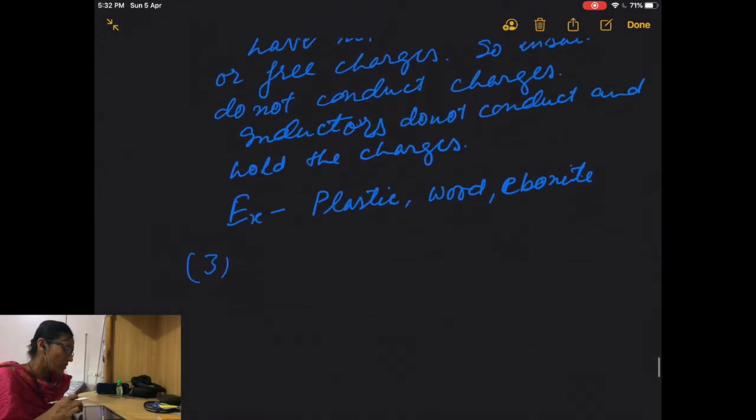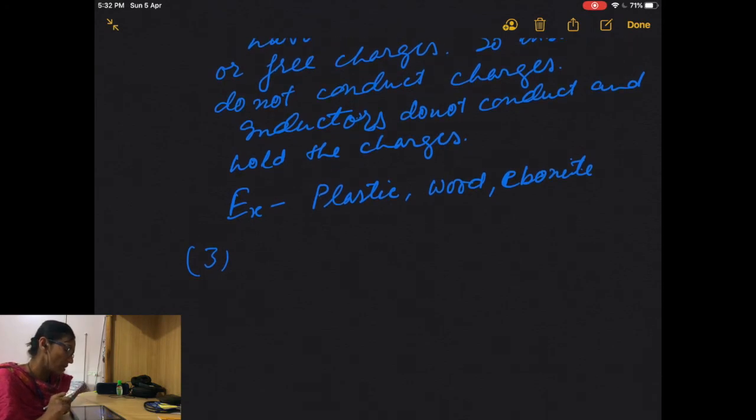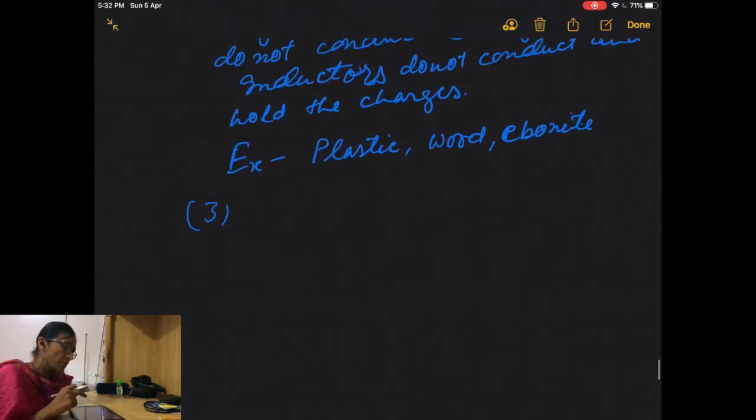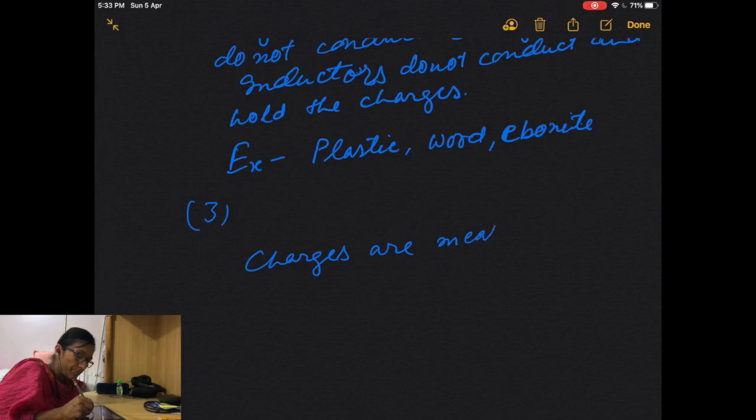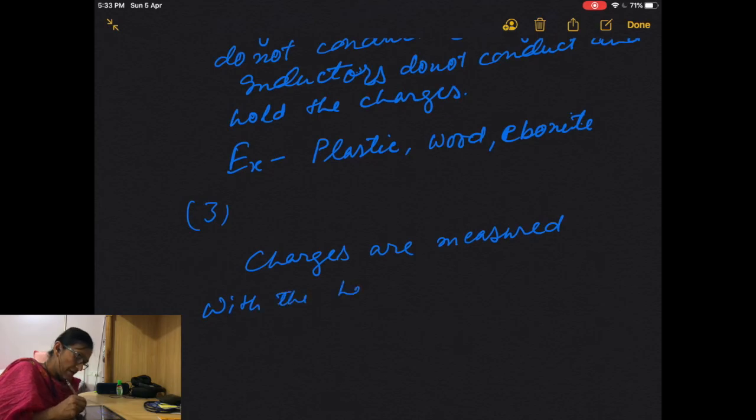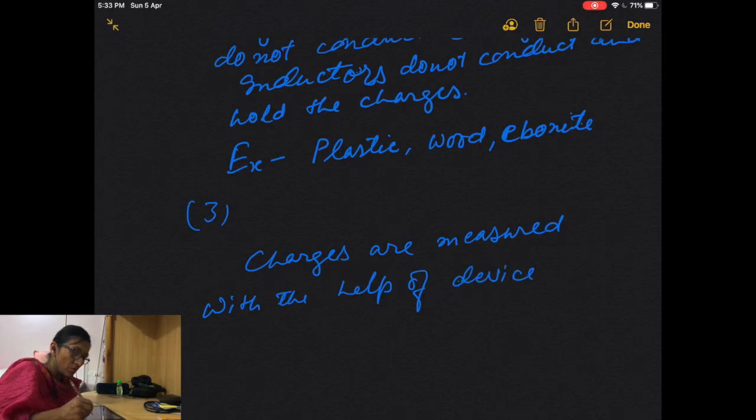So let us come to the next topic. Yes, one more thing remains. How can we measure the charges? Charges are measured with the help of a device called an electroscope.